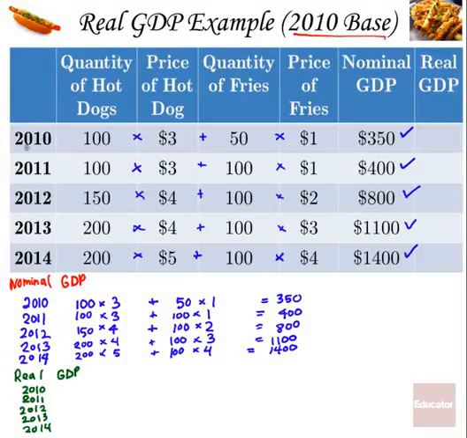What that means is that you choose 2010 as the base year price. So let's find the real GDP in 2010. 100 times 3 plus 50 times 1. It's going to be $350. So you have the same 100 times 3, equals 300, plus 50 times 1, which equals 50. So 300 plus 50 equals 350.